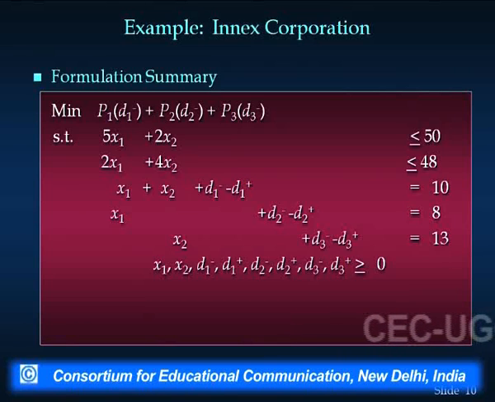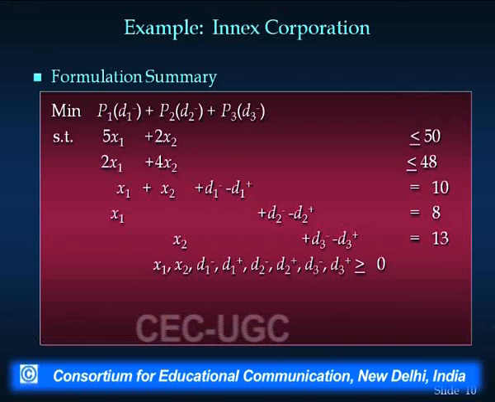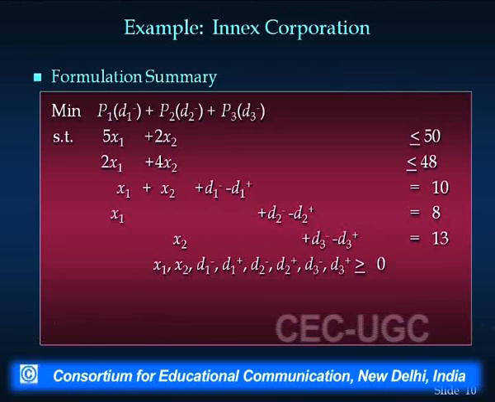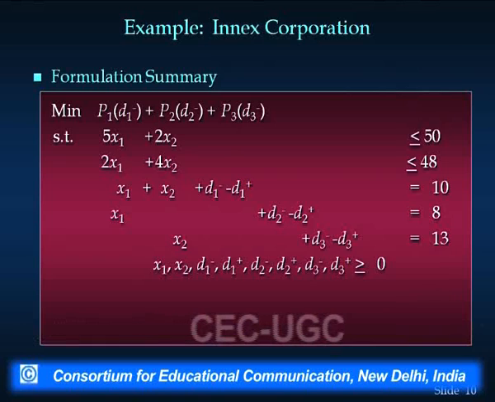The first and second constraints have already been formed. First is 5x1 plus 2x2 less than or equal to 50. Next constraint is 2x1 plus 4x2 less than or equal to 48.